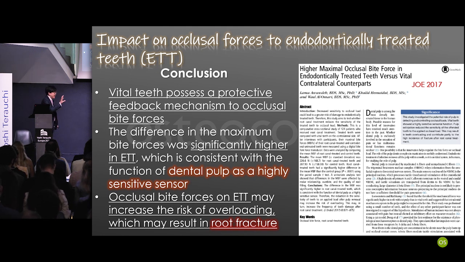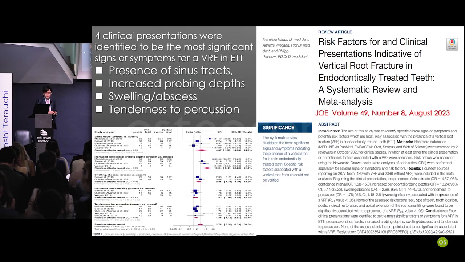So if you have vital pulp, you will be more sensitive to biting forces. So it is protected. You don't apply lots of forces. It's not necessary. But when you lose pulp tissues, you lose the sensitivity. That's why you will apply lots of biting forces on endodontically treated teeth. Then you will have vertical root fracture. That's why you see more vertical root fracture cases in endodontically treated teeth.